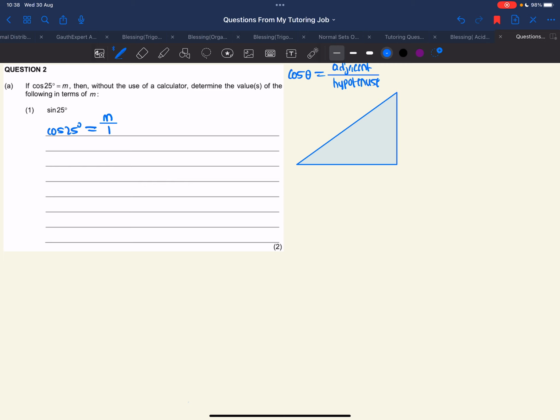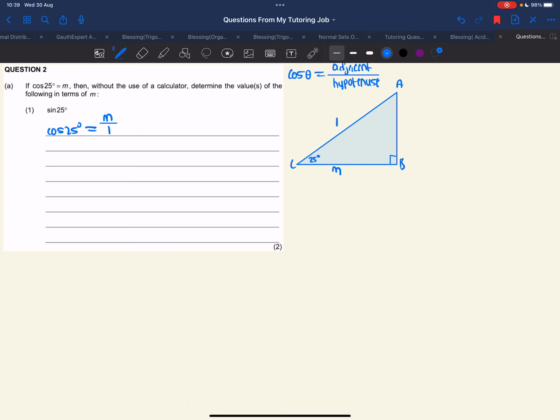Then it will be 25 degrees there, here it will be m, and there it will be 1, and that will be a right angle there. Let me just call that triangle ABC.